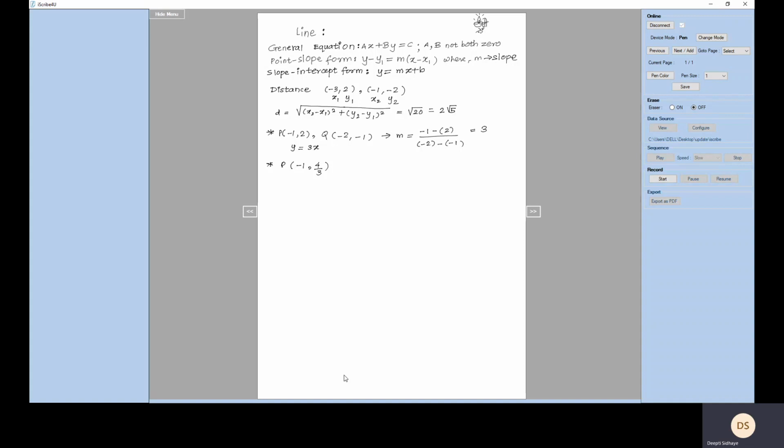Here the x coordinate is -1 and the y coordinate is 4/3. So obviously the answers are x is equal to -1 and y is equal to 4/3. So x is equal to -1 is the vertical line, while y is equal to 4/3 is the horizontal line.